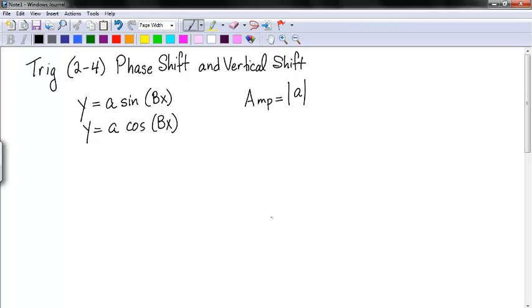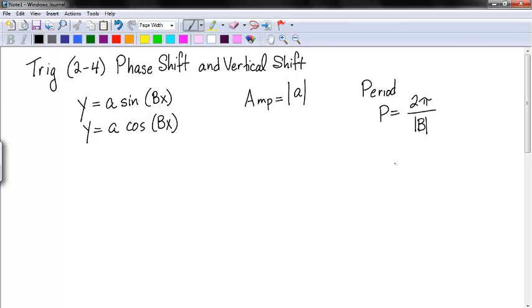It's the absolute value of a. And the period of the graph, we're using p equals 2 pi over the absolute value of b. Okay, so you can take that from the equation that they give you.